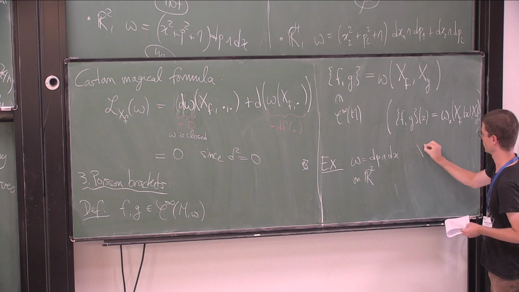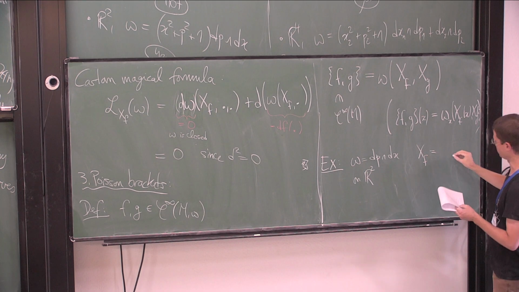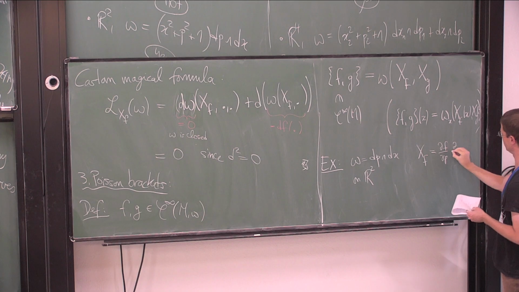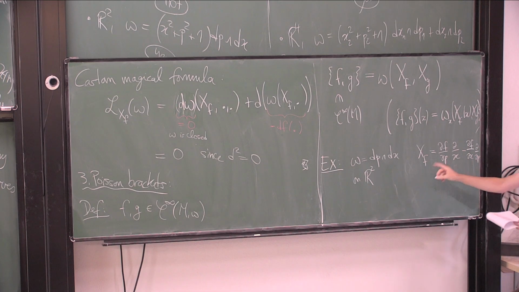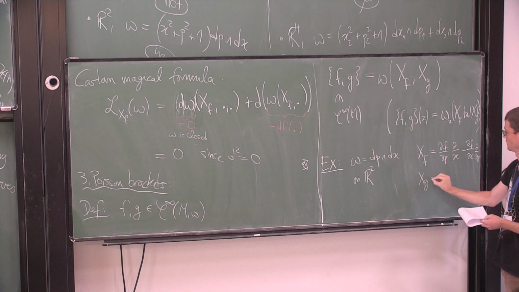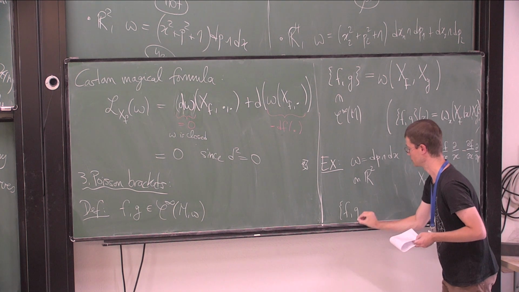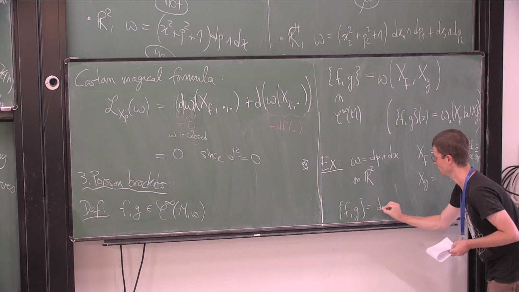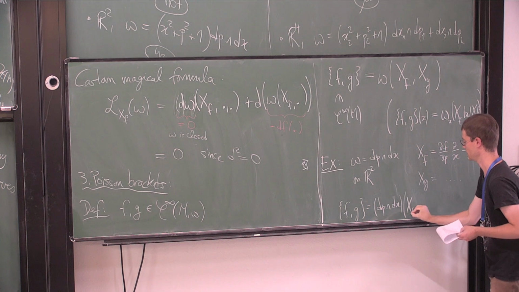So we have seen the formula somewhere over there. X_f is given by (df/dp) d_x minus (df/dx) d_p. If you do it the same for X_g, it's the same. And then if you compute omega of X_f and X_g, so what should we do? We should apply dp wedge dx to X_f and X_g.